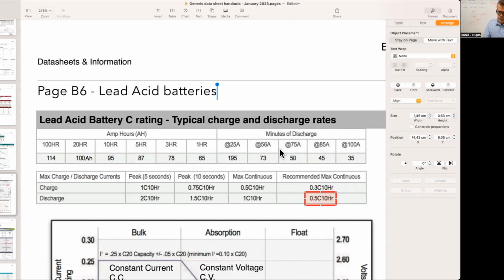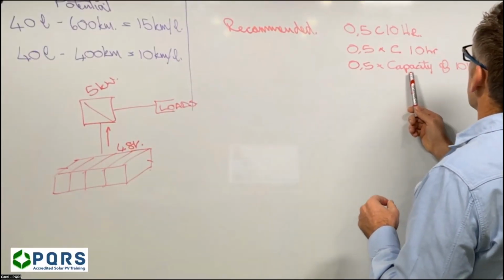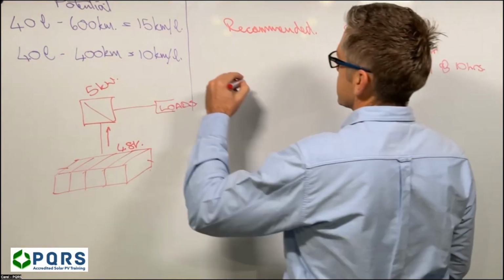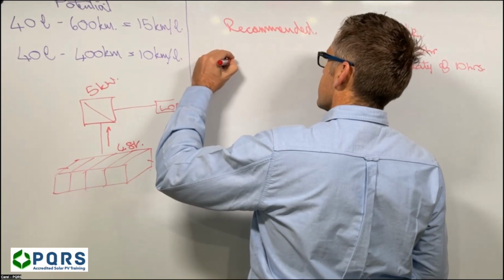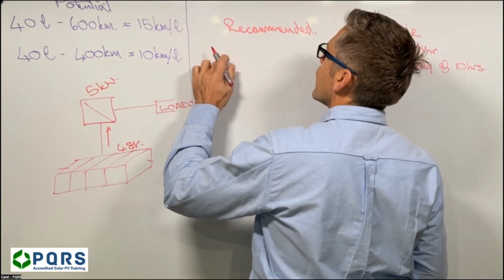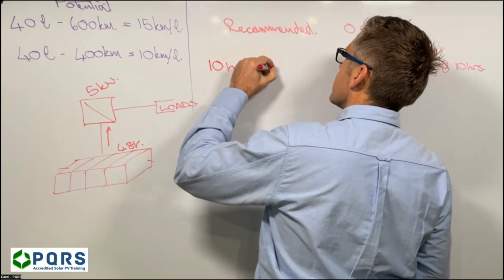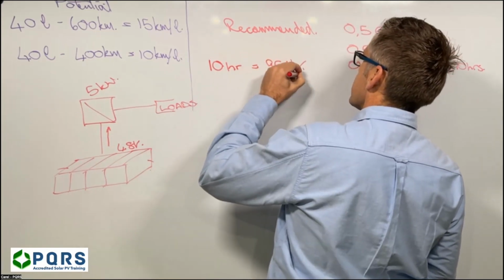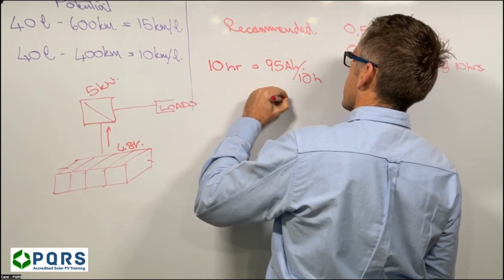So 0.5 C10HR, they already told us that the 10-hour rating is 95 amp hours. So we divide that by 10 hours, and that gives us 9.5 amps.